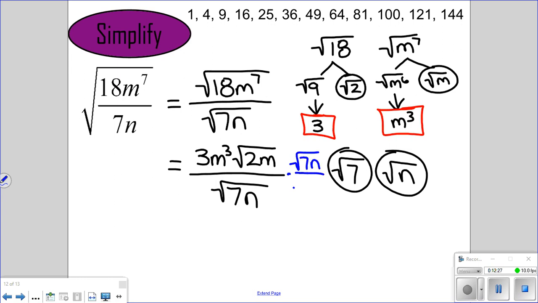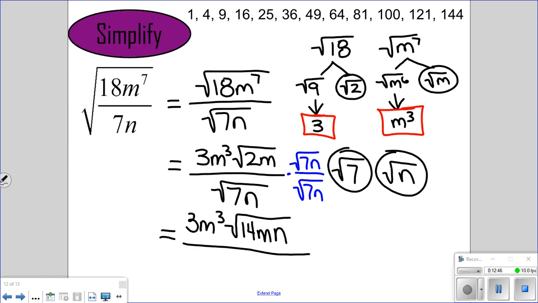And our final answer is going to be 3m to the 3rd square root of 2 times 7 is 14mn. Root 7n times root 7n is going to be just 7n. That is our final answer, and we are all done for today.